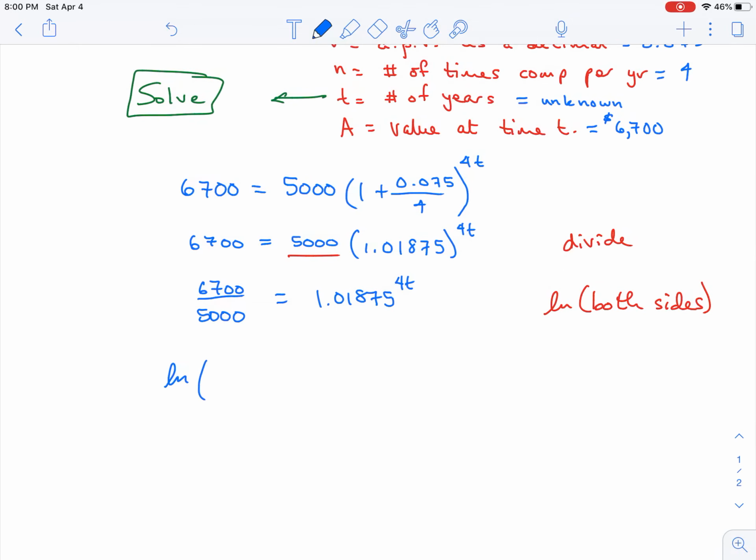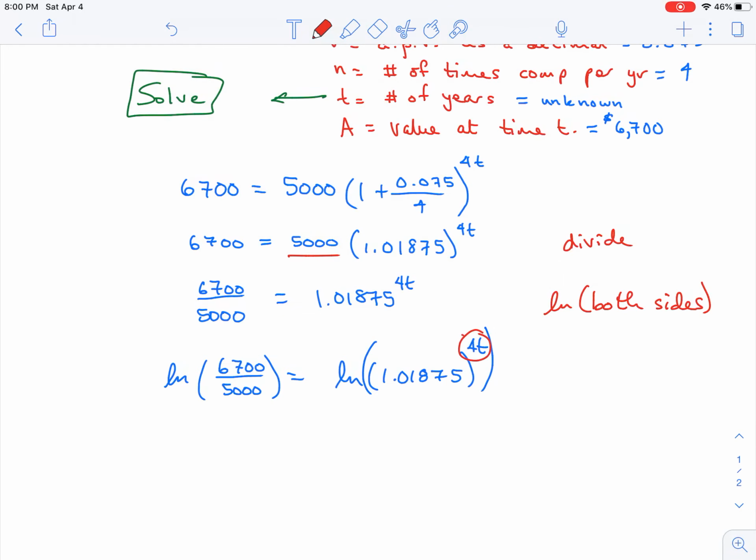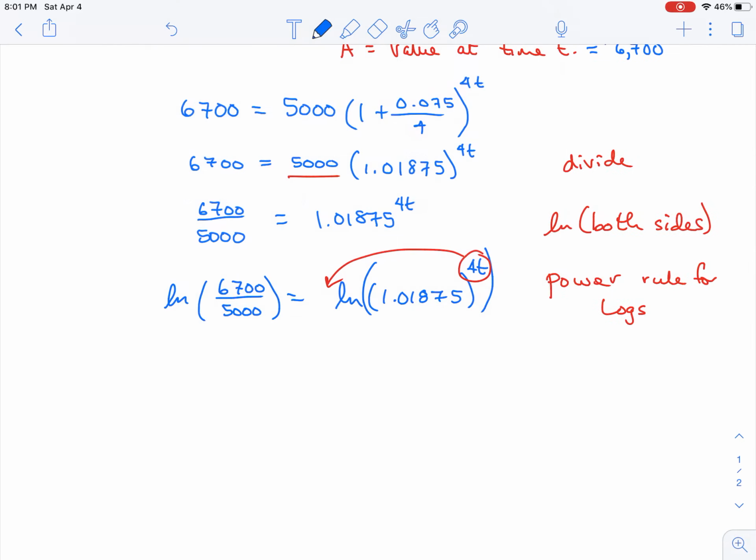And we have the log of 6,700 over 5,000 is equal to the log of 1.01875 to the 4t. Now, power rule for logs brings the 4t outside. So we have log of 6,700 over 5,000 is equal to 4t log of 1.01875.